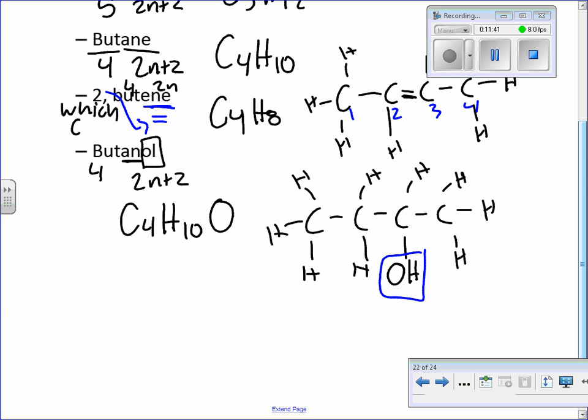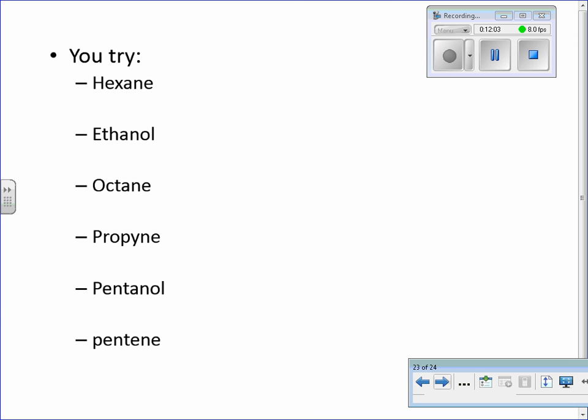Let's count the hydrogens: 1, 2, 3, 4, 5, 6, 7, 8, 9, 10. Even though this hydrogen is not directly bonded to the carbon, because it goes carbon, oxygen, and then the hydrogen is bonded to the oxygen, we still count it in our formula. So that's how we get the same number of hydrogens and then just put that oxygen on the end. So those are some you can practice.